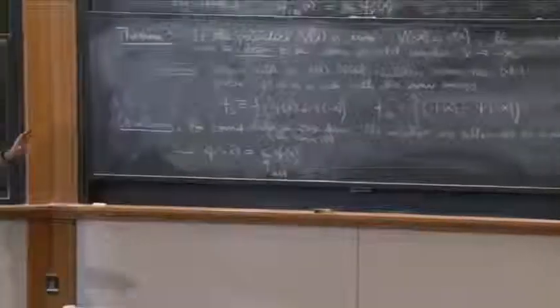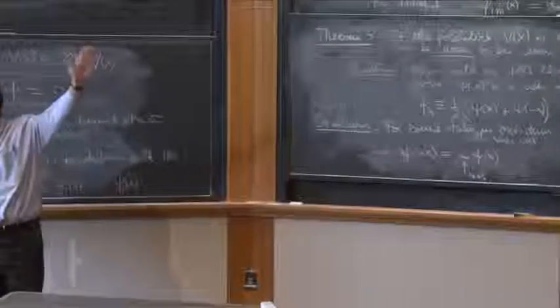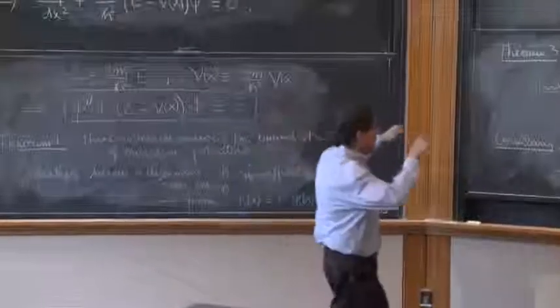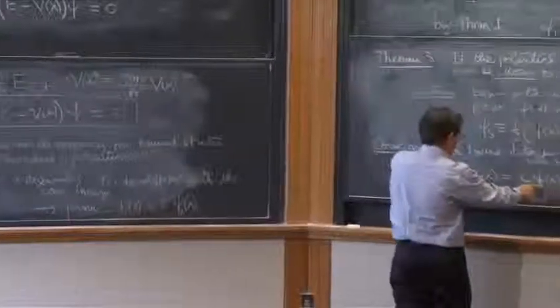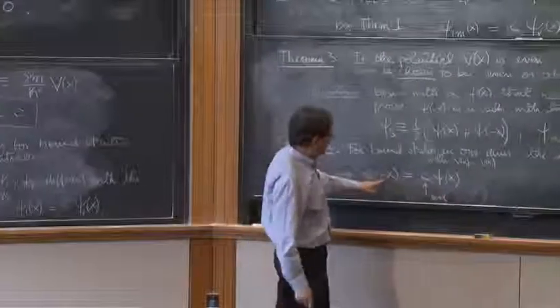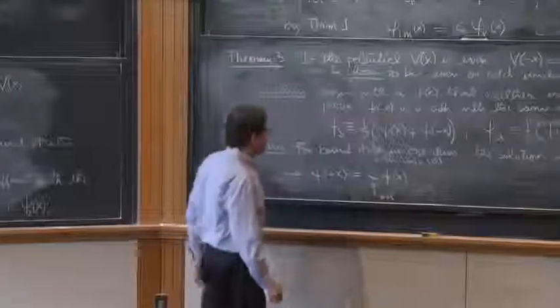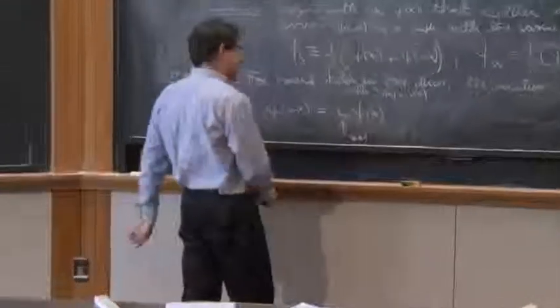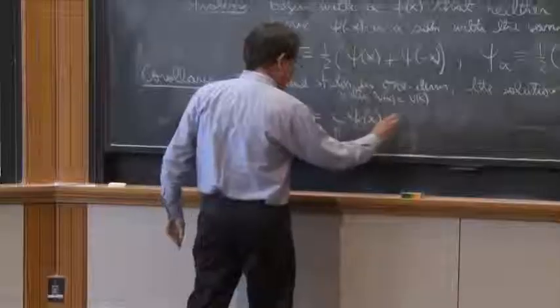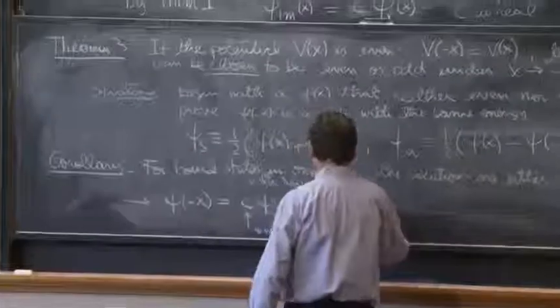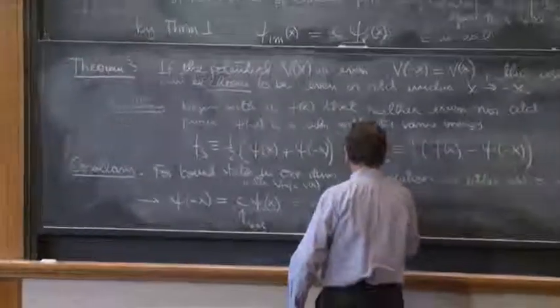Why real? Because we said already by the previous theorem, wave functions can be chosen to be real. So you've got this already. Psi of minus x is equal to c times psi of x. Which, if you use this property again by saying, oh, but psi of x is equal to c times psi of minus x.